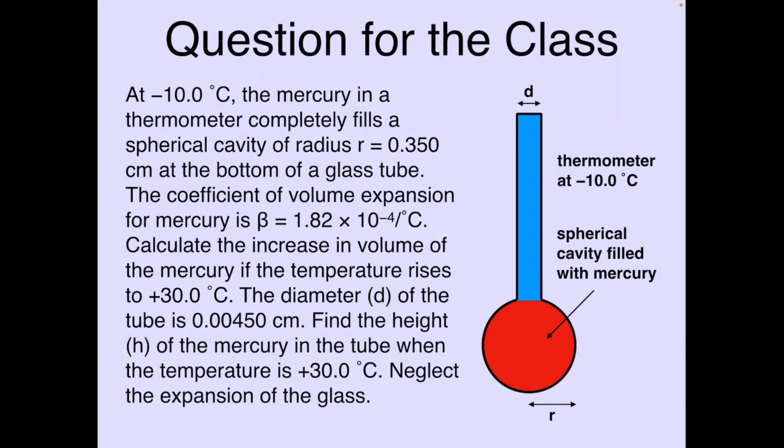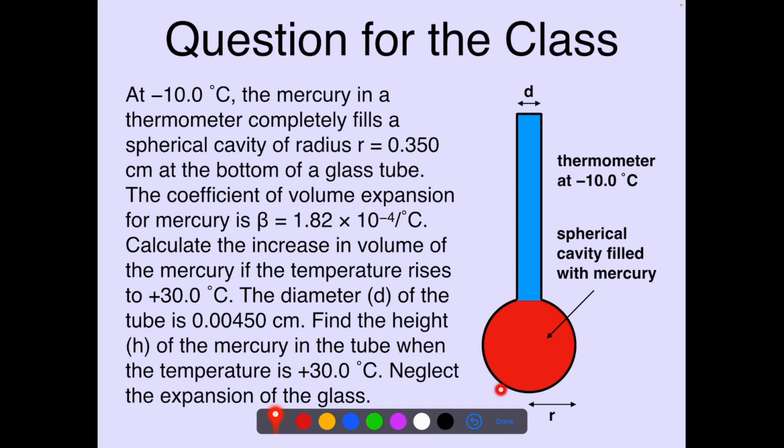Okay, so let's do an example from chapter 17 on thermal expansion. So at negative 10 degrees Celsius, the mercury in a thermometer completely fills a spherical cavity of radius 0.350 centimeters at the bottom of a glass tube. So this is the thermometer. This is what it looks like at negative 10 degrees Celsius.